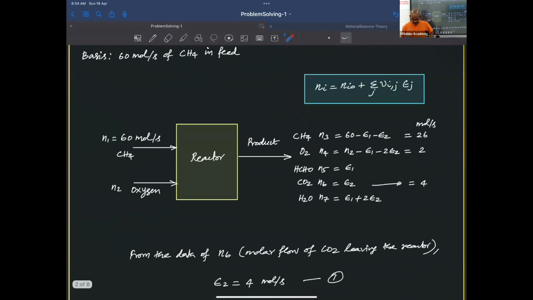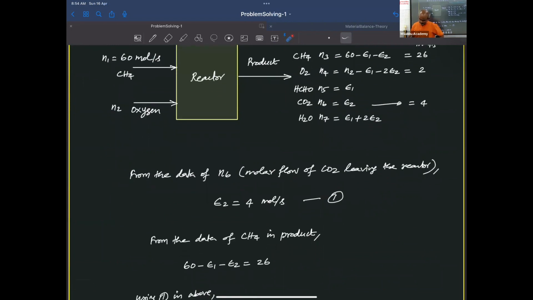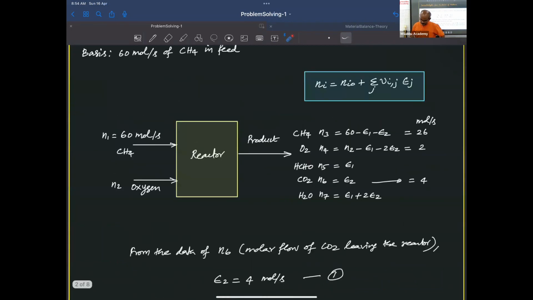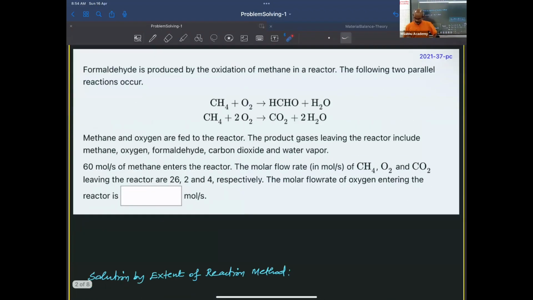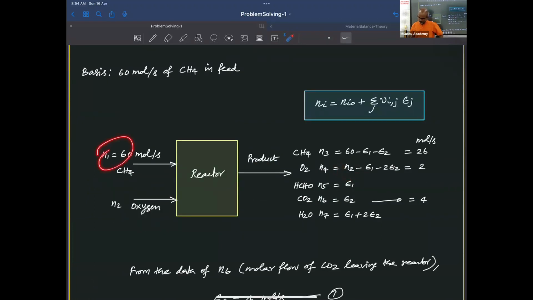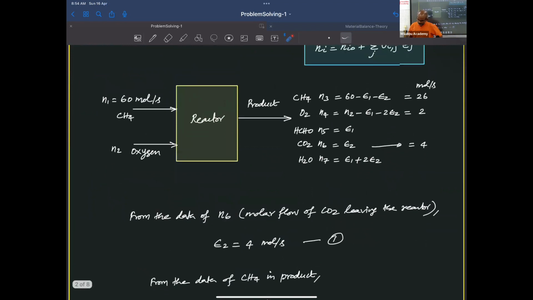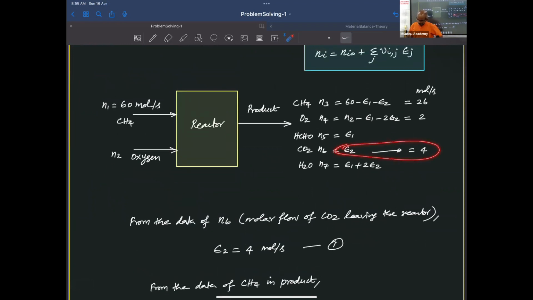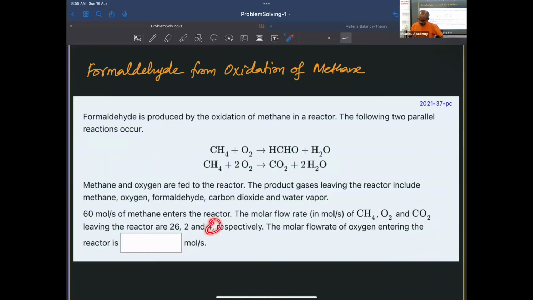Okay, that is written. Now, what is available? At last we need to get the moles of O2, that is the molar flow of O2. So we need to get the O2 amount in the feed, otherwise we need to get N2. That is what we are going to solve for, because N1 is already available, N2 we have to find. For that, we have so many equations. Some are already available. This E2 is directly available as 4, because N6 is given as 4 moles. N6 is CO2, given as 4 moles.